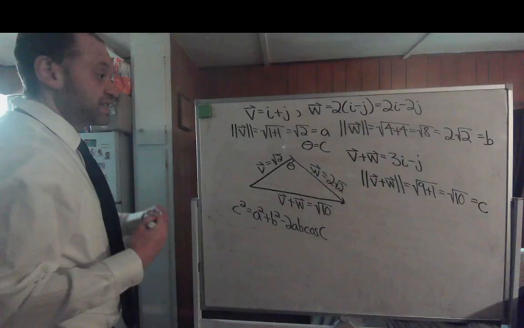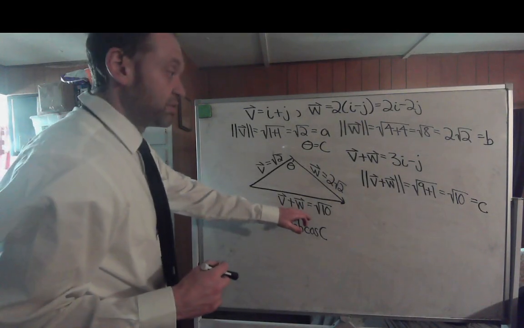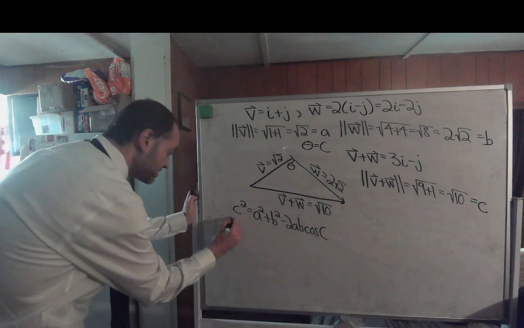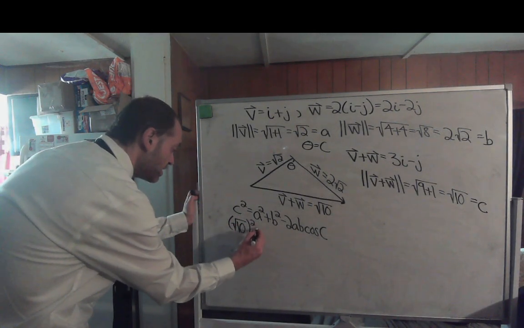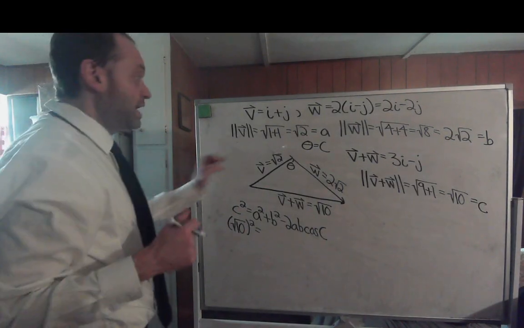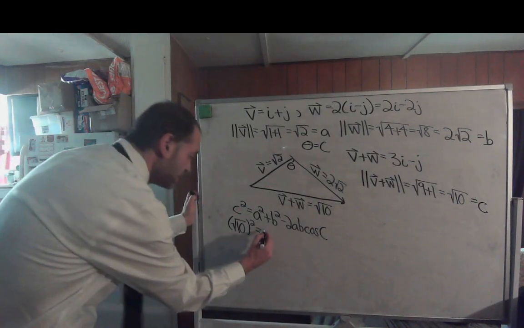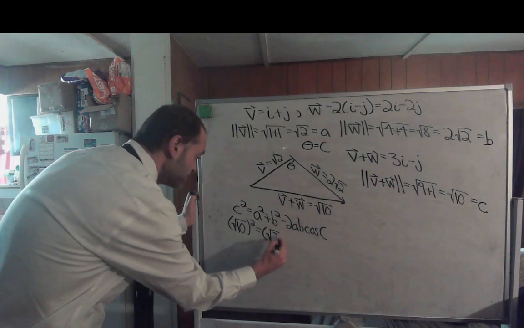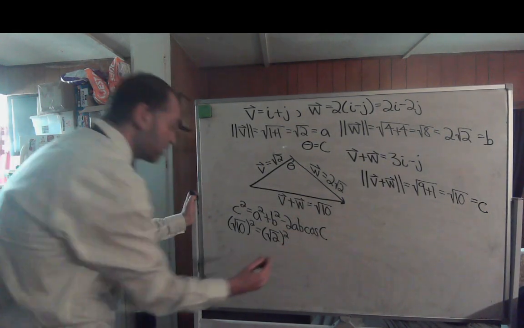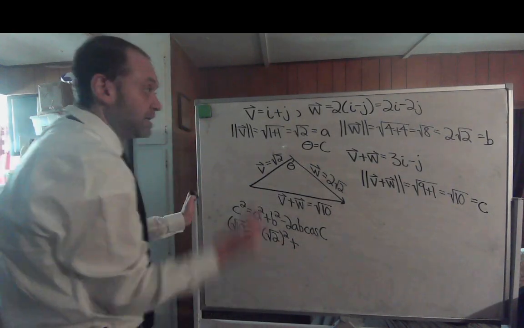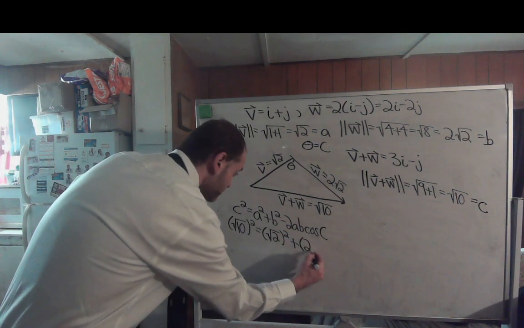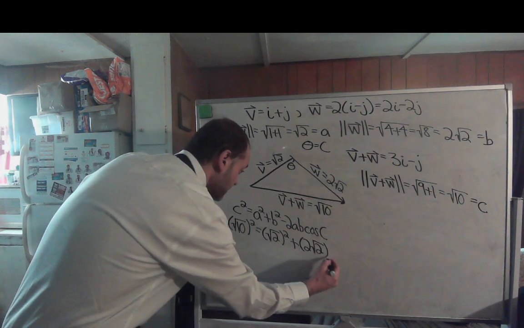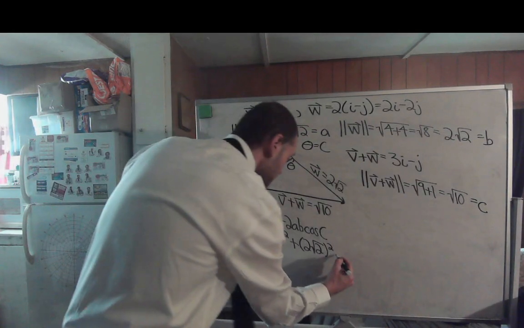All right, so that C we've determined is that v plus w. That's going to be that square root of 10 raised to the second power. That would equal our A, which is that magnitude of v. That'd be the square root of 2 raised to the second power. Plus that B, which we determined was the magnitude of w. That would be 2 times the square root of 2 raised to the second power.